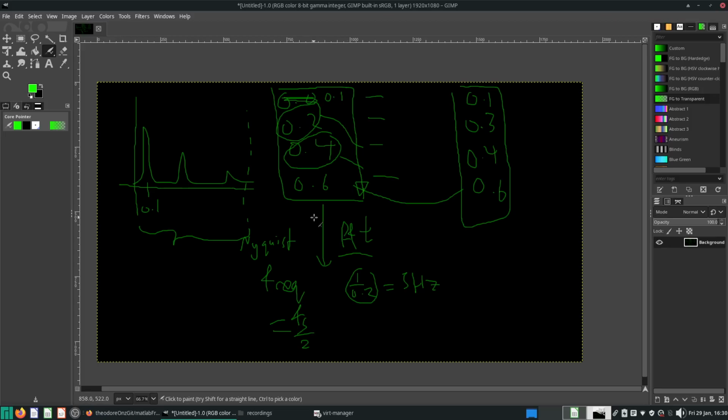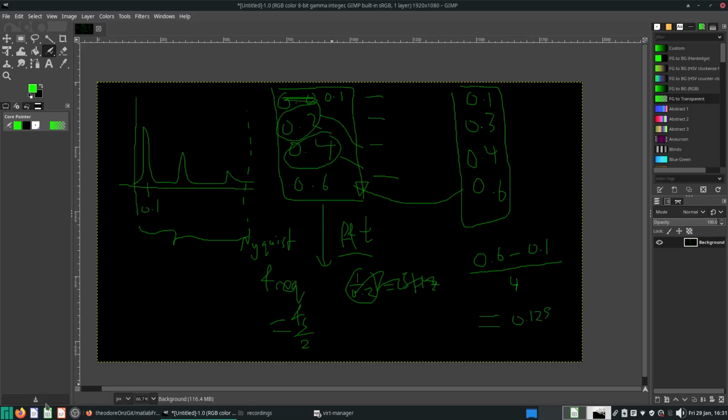How do you do this even spacing? It won't be 5 Hertz anymore. If I were to evenly space from 0.1 to 0.6, how do I do it? I take 0.6 minus 0.1, and how many points do I want? I want 4 points. Let's see whether this works. 0.6 minus 0.1, that's 0.5. 0.5 over 4 becomes 0.125.